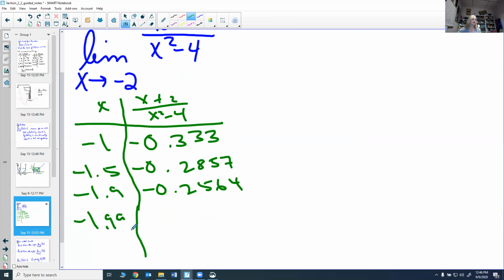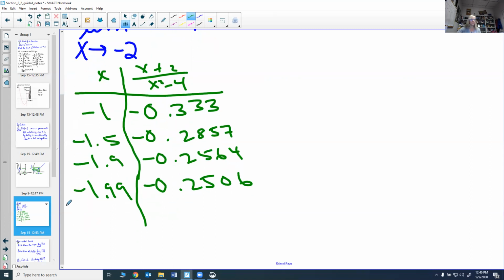Let's do -1.99. That's a bit closer. And I get -0.2506. So now I notice, hey, trend-wise, it looks like we're getting closer to -0.25. Maybe we can go just a little bit closer. -1.999. When I do that one, I get -0.25006.